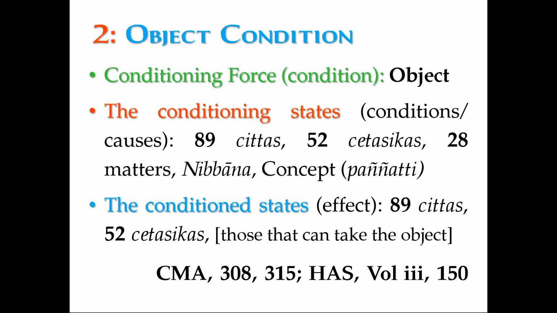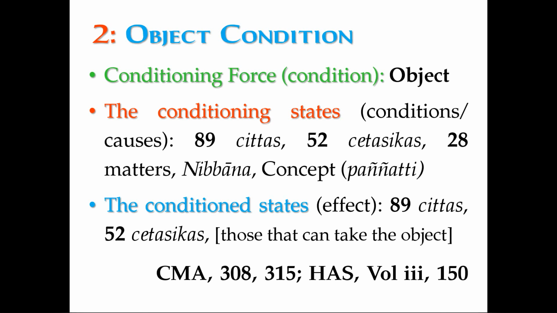So if we look at this, it is quite clear. This one is not difficult. Anything can be the object, right? Because of those objects, our mind arises. So here, mind means cheta and chetasika. Rupa cannot take the object. Nibbana and concept cannot take the object. For that reason, they are not taken as the effect.